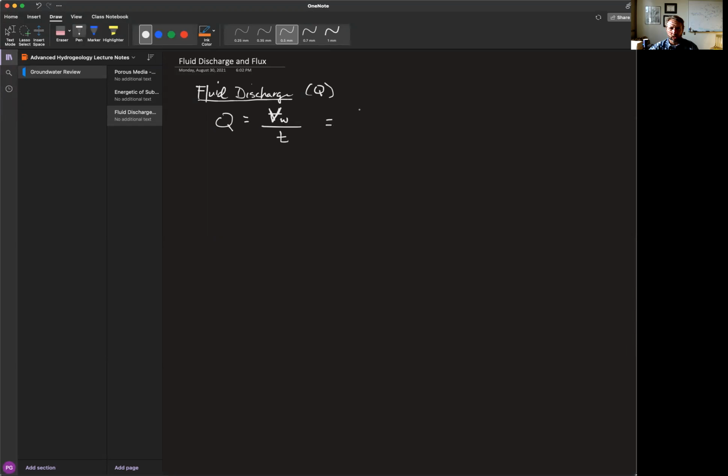So this is length cubed per time. This is the volume of water per time.